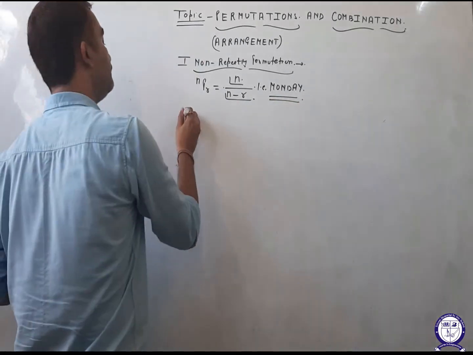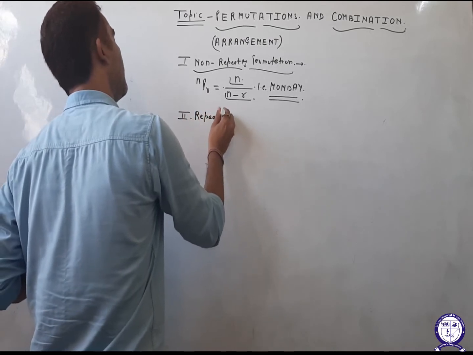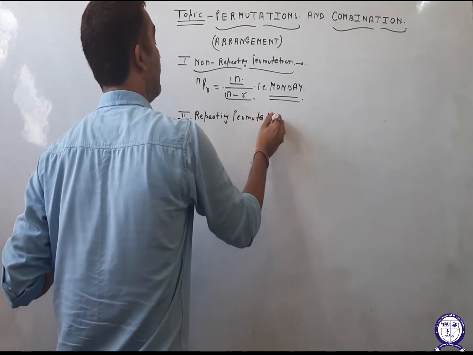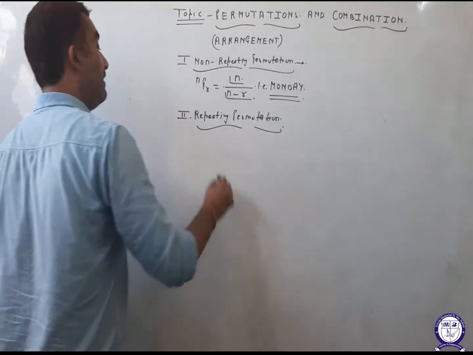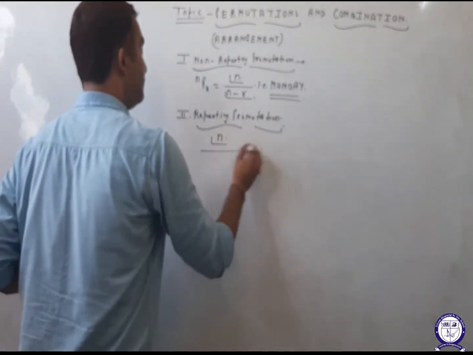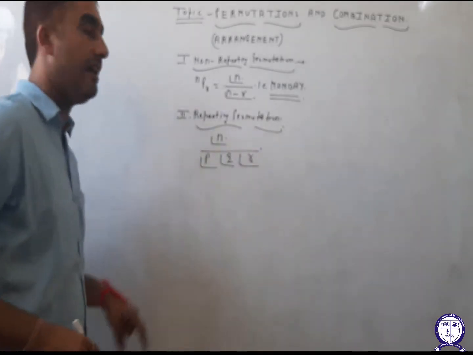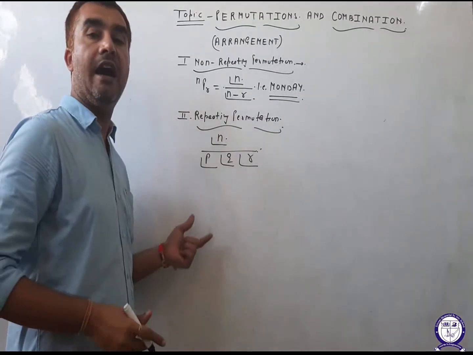Second one, repeating permutation. The repeating permutation formula is factorial n upon factorial p, factorial q, factorial r. Here n is the total available to us, upon the elements which are repeating.